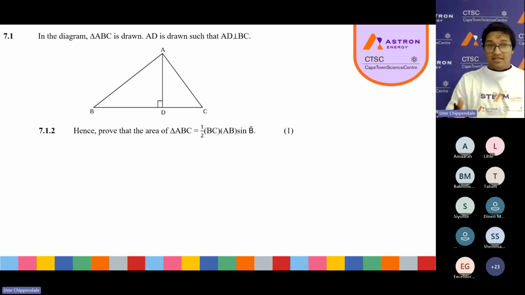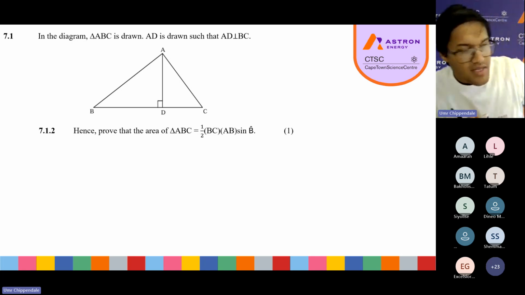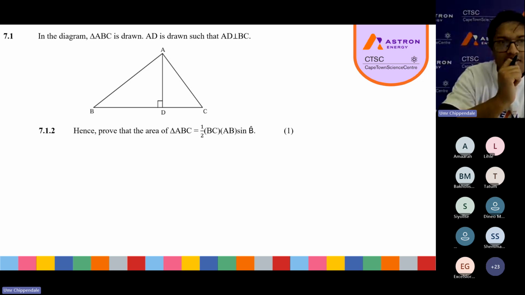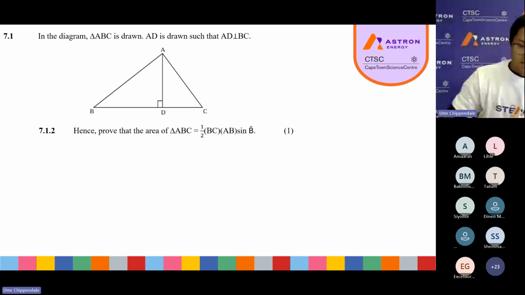7.1.2. Hence, so now we can use all those previous values. Prove that the area of triangle ABC is a half BC times AB times sine of B. So when it comes to this, we see that there are different ways to get our areas.